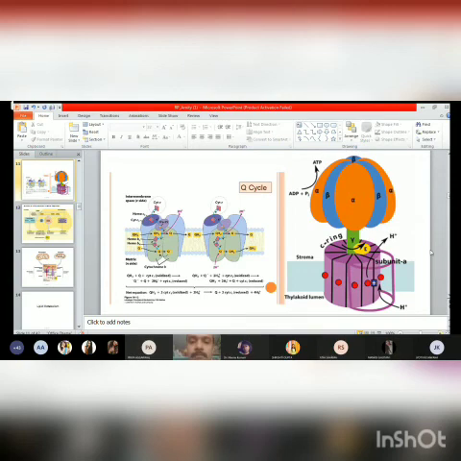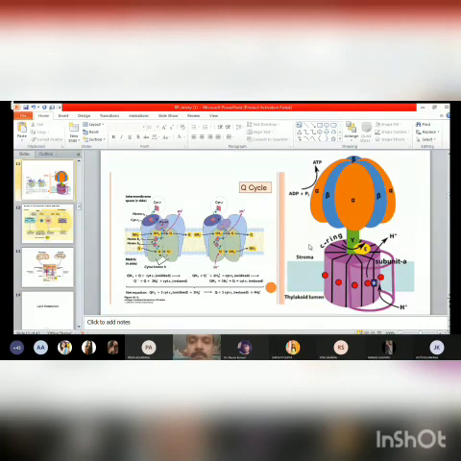In this complex, as you observe the diagram, on the left side of the image you can see two coenzyme Q molecules. One is QH2 on the top, which is in the yellow box. QH2 is the reduced form of coenzyme Q that enters complex 3, and one more molecule of the non-reduced form of coenzyme Q also enters.